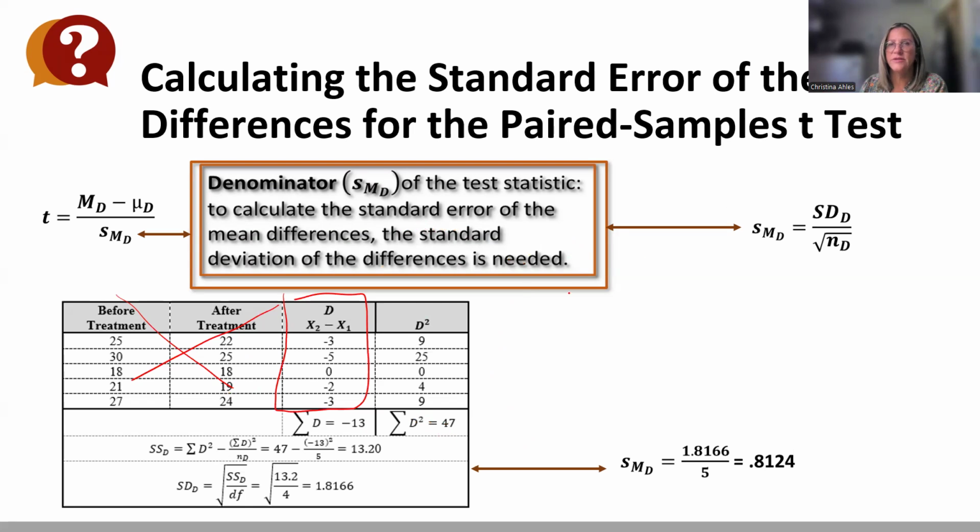We're going to need to get our standard deviation, and to get it we need the sums of squares of the differences. That's the sum of the differences squared minus the sum of the differences total squared, divided by the sample size of the differences.